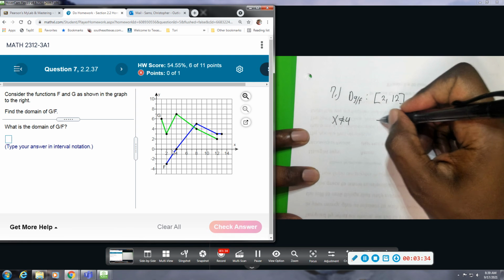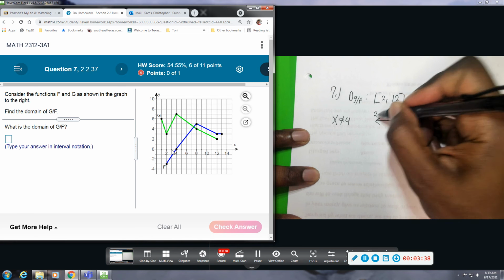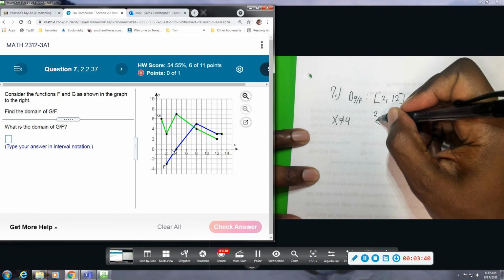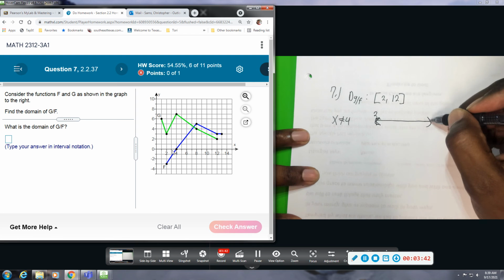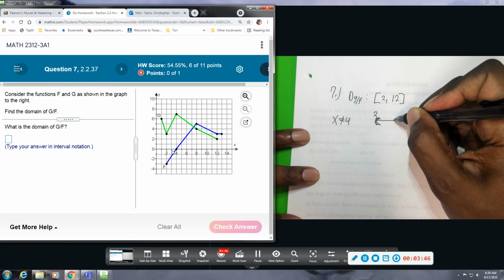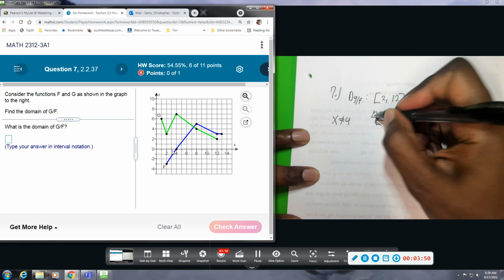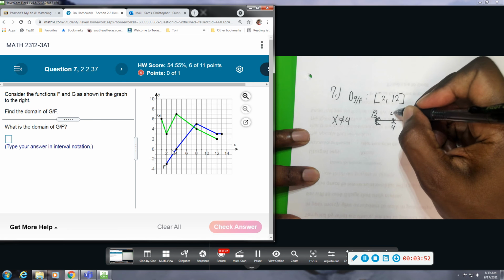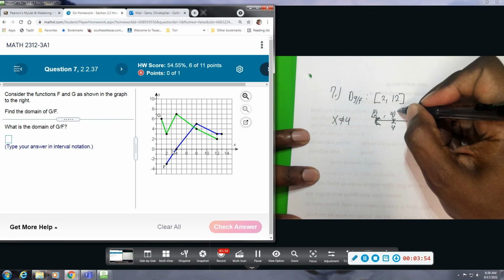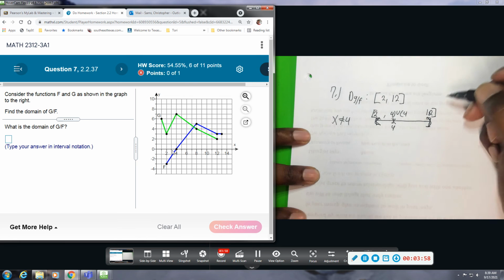So doing a number line, we're at 2, we're at 12. The number 4 is here. We're going to remove that point. So we're going to go from 2 to the left side of 4, and then we're going to go right side of 4 up to 12 in bracket.